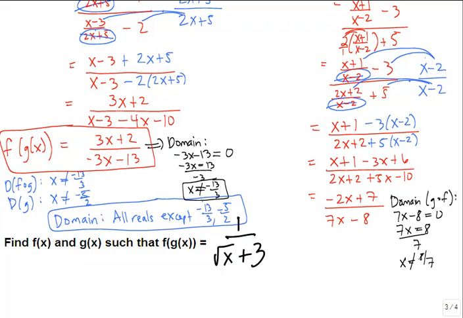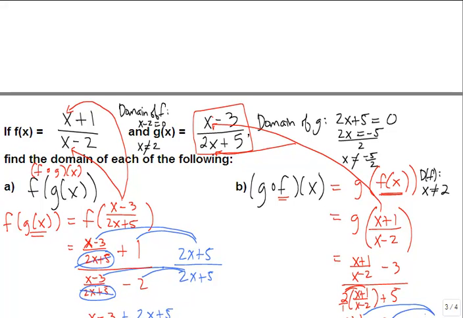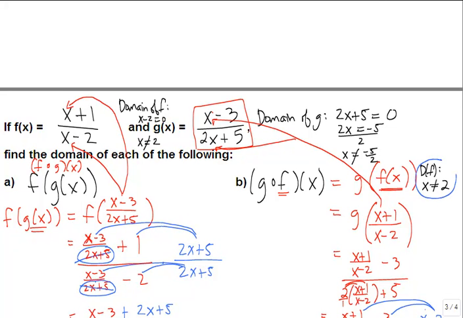So for our final answer, what's the domain of the entire composition? It's this domain, all x's except for 8/7, intersected with the domain of f, which was the set of all x's except for 2.